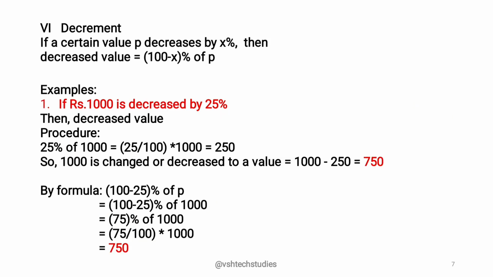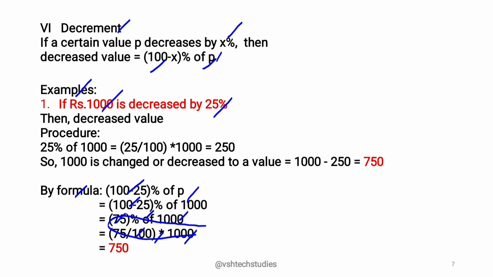Similarly, decrementing a number by some percentage. If a number P is decremented by X percent, the resulting number is 100 minus X whole percentage of the given number P. For example, if the number 1000 is decreased by 25%, by the formula 100 minus 25% of 1000, 100 minus 25 is 75. 75% means 75 divided by 100, of is replaced by multiplication, and the given number is 1000.